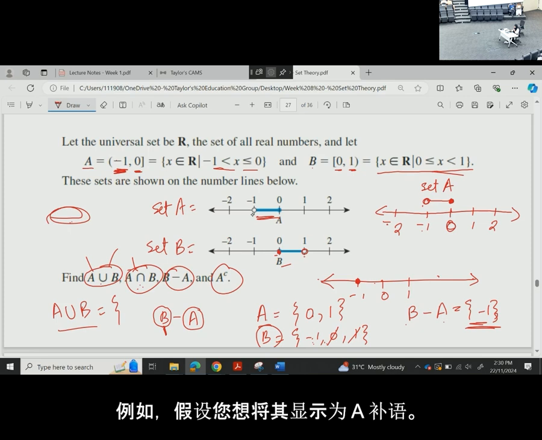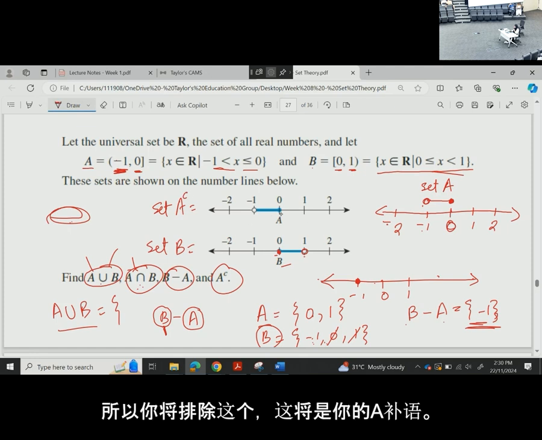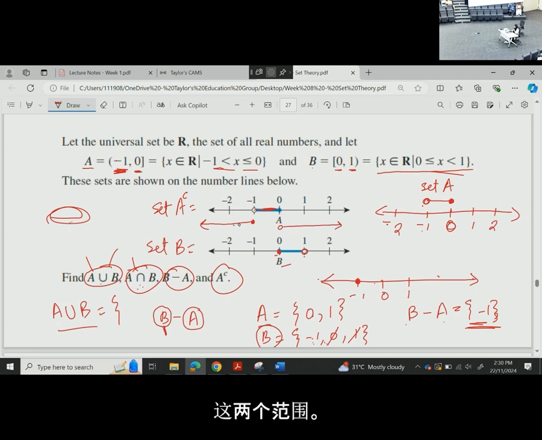For example, let's say if you want to show it as a complement, you will exclude this, and this will be your A complement. Okay, both of these ranges. Okay, so just take the opposite of that or just exclude. Okay, is it clear?